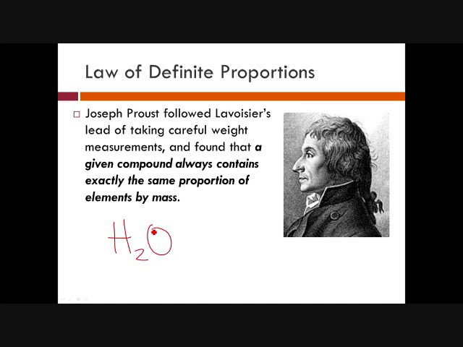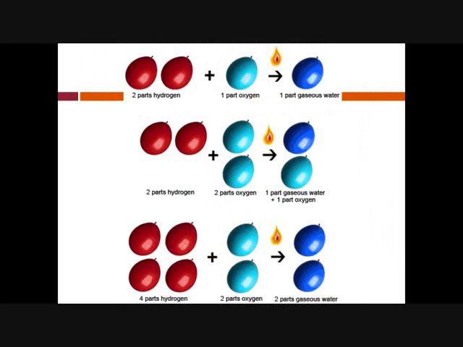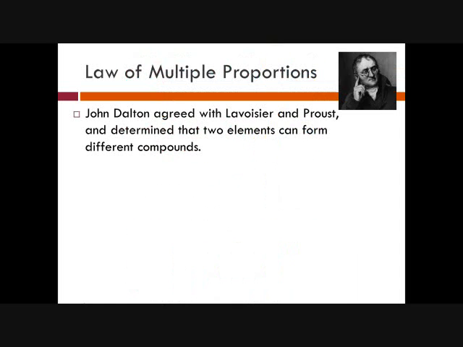Multiple proportions. When things react, you get the same parts over and over. John Dalton came up with multiple proportions, where he said, yes, you are both talking about the right thing and both your findings are correct, but sometimes elements form different types of compounds.